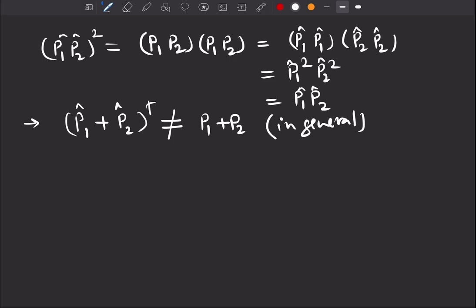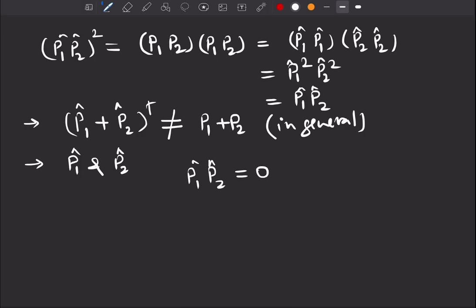Two projection operators are said to be orthogonal if their product is 0. So if P1 and P2 are two projection operators, then they are said to be orthogonal if their product is equal to 0.